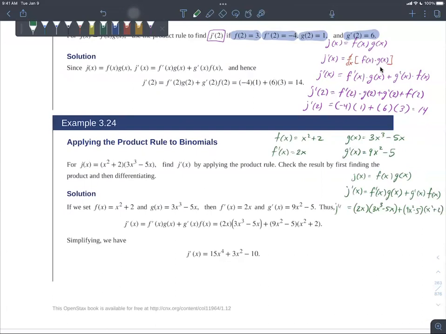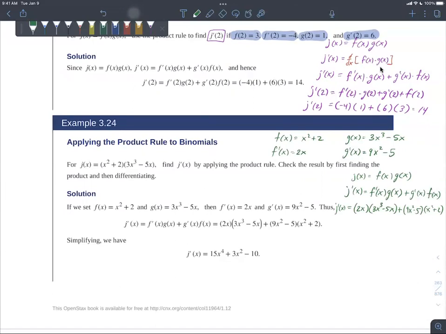This is j prime of x. This is our derivative. Now, could we have done this problem a little bit differently? The answer is yes. So we can check our answer there. It looks like the answer is correct.